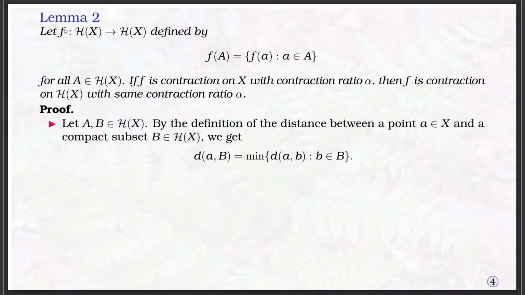Now, if F is a mapping from H of X to H of X, so now we can assume that X is a complete metric space.